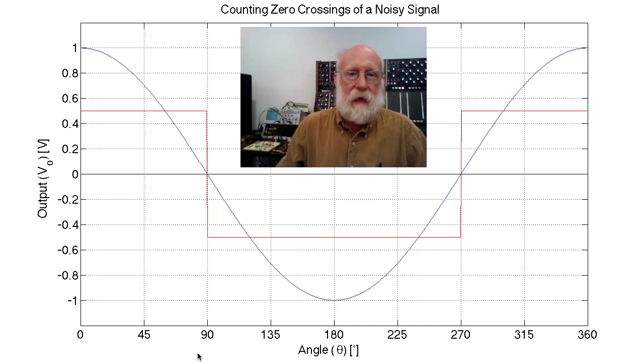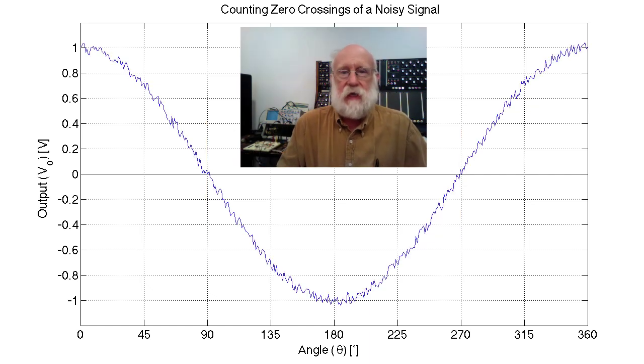The problem is all signals have noise. Let's look at a sinusoid that has some noise added to it. Alright, there is an example of a sine with some random noise added to it. The problem is this, and the higher the noise level, the worse this problem gets.